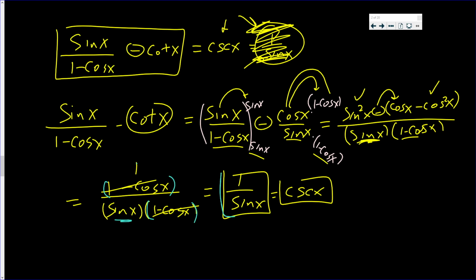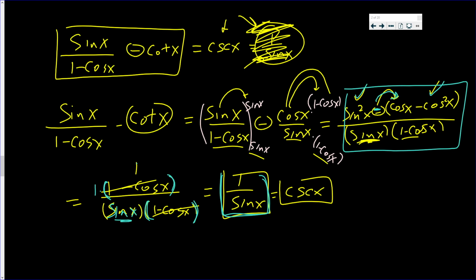If you have this, multiply the top and the bottom, that is this, by 1 minus cosine x times 1 minus cosine x. And that is this, because the sine squared minus the negative cosine squared, that's the 1, minus cosine x.